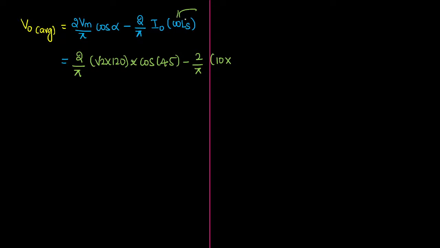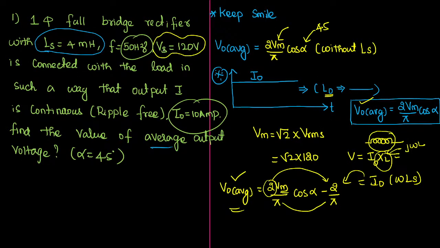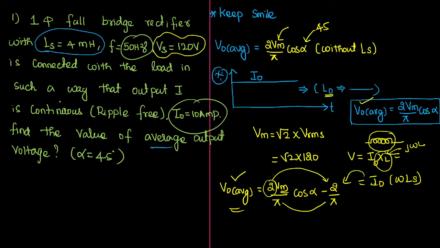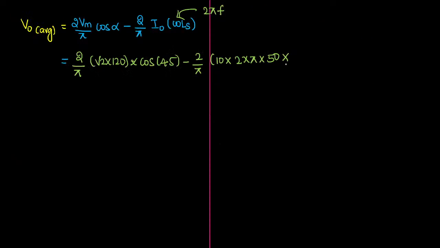See, basically this omega can be rewritten as 2 pi f. So 2 into pi into f, what is the value of f? 50 hertz frequency. Source frequency is 50 hertz. Okay, sir. Then what we have to do? Into source inductance, which is also given, that is 4 millihenry. Just substitute. So 4 milli means 10 power minus 3. Now see there, this pi will get cancelled out. Yes, sir. Then 10 times 5.